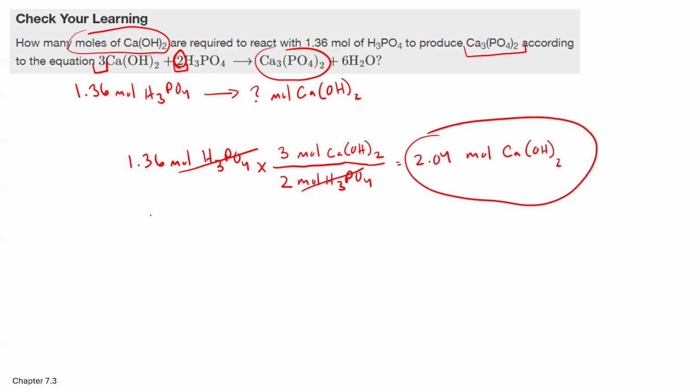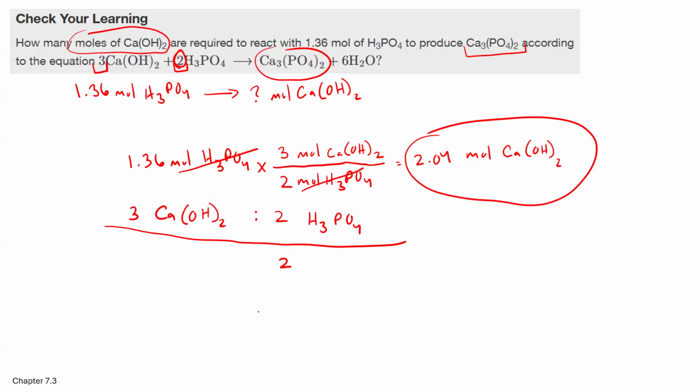And let's look at this, just visually, to see if we could figure out if this is actually true. And the ratio is 2 H3PO4 to 3 Ca(OH)2. So it's a 2 to 3 ratio. That's the same as 4 to 6.